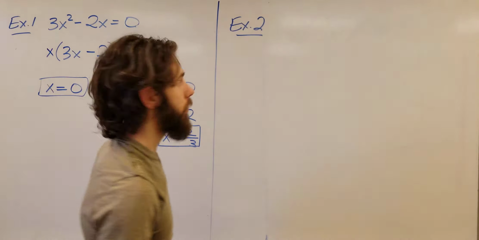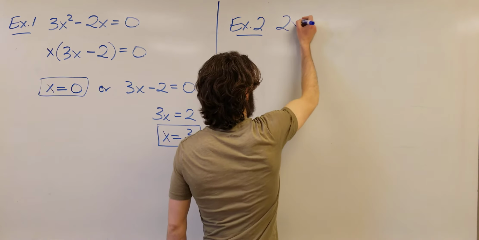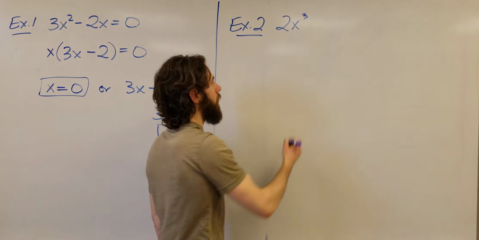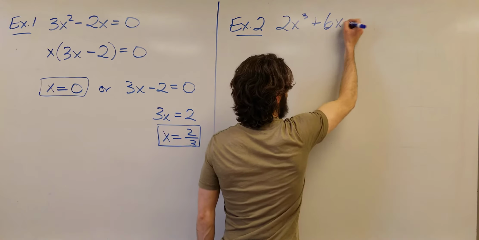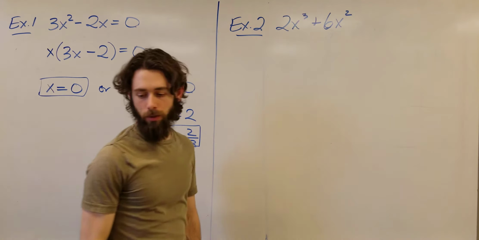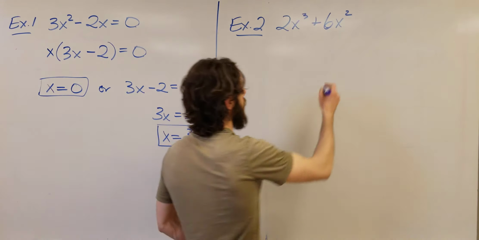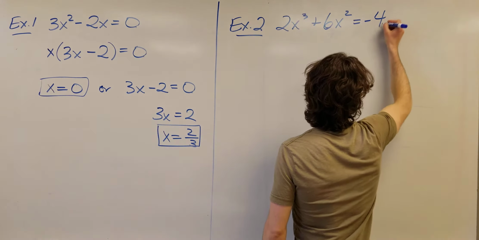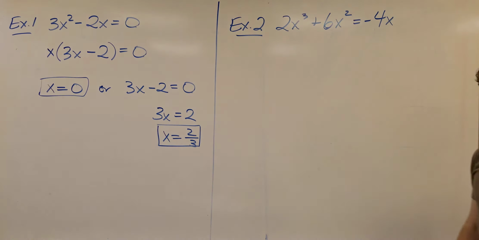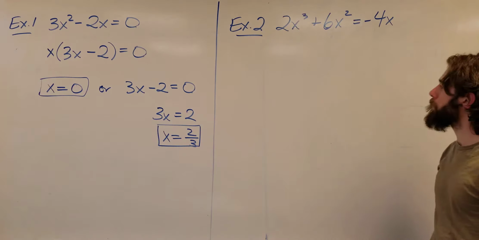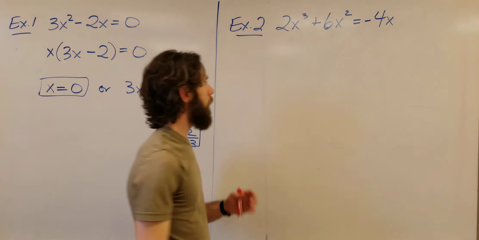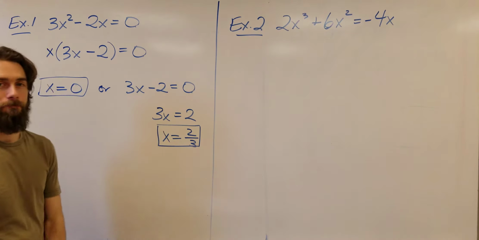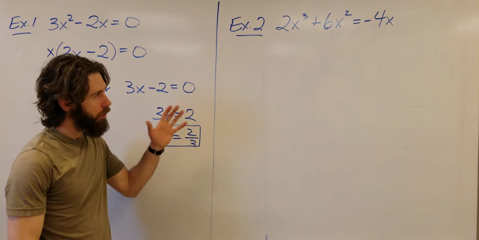How about 2x cubed plus 6x squared equals negative 4x. All right, so take a second.